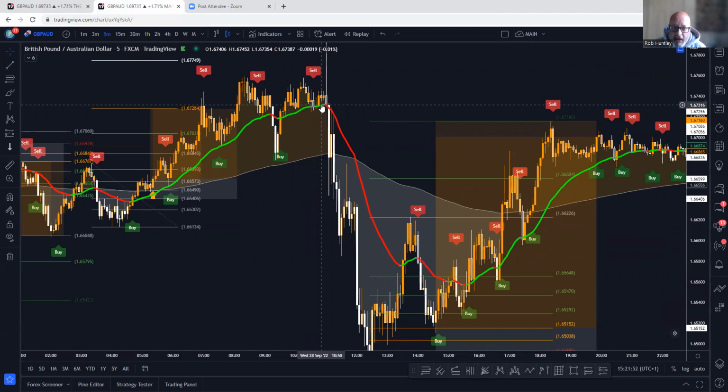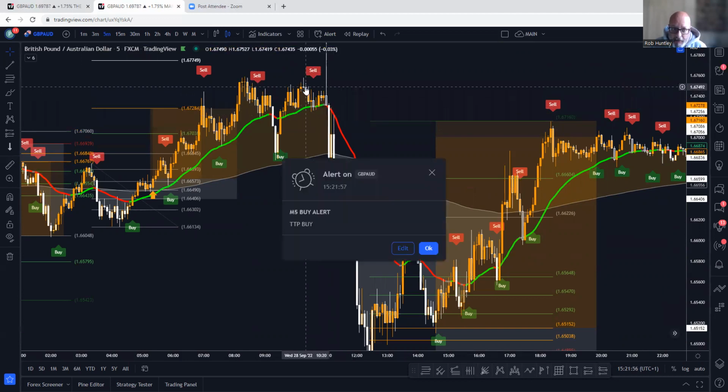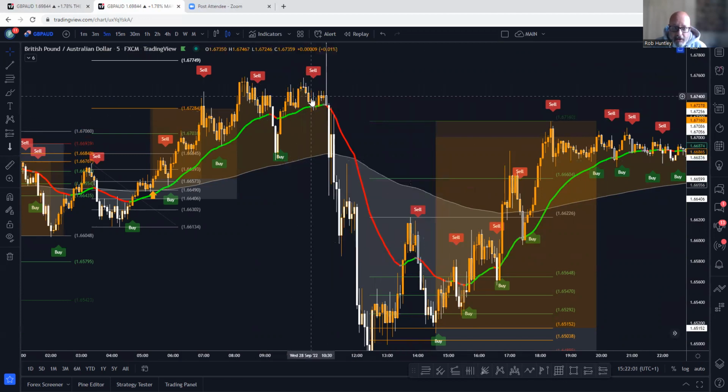Again, here it's grey and the line is grey, and then even though these are bearish candles, buy alert, though these are bearish candles, they've got the orange fill. So basically, the indicator sets the colour of the candles, and so I've got them to be orange like my bullish candles and white for my bearish candles.